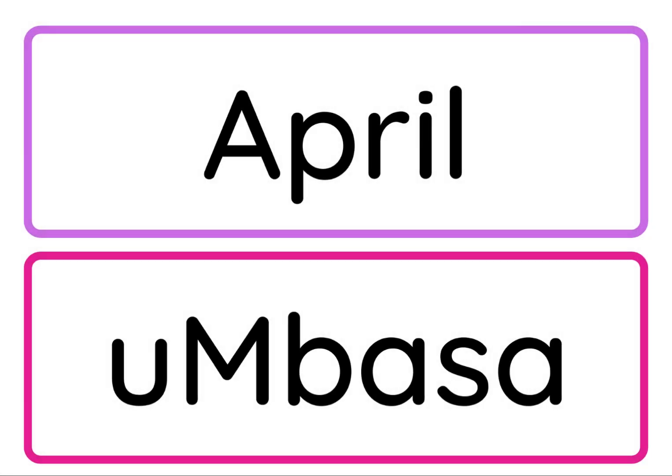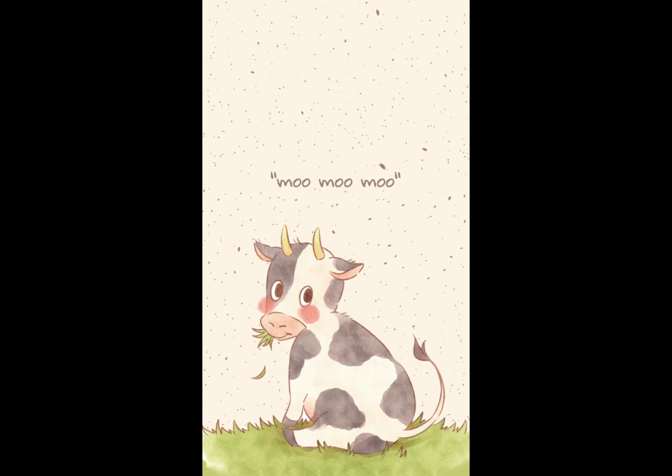April is umbasa. Mbasa. And that is sweeping the threshing grounds. During this time, this is when cattle are satiated.